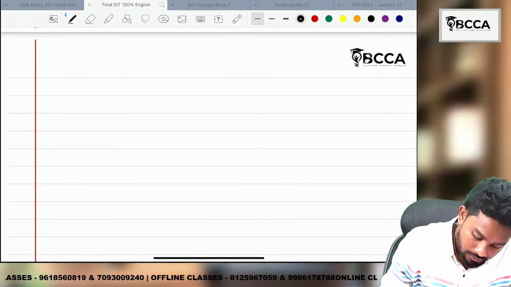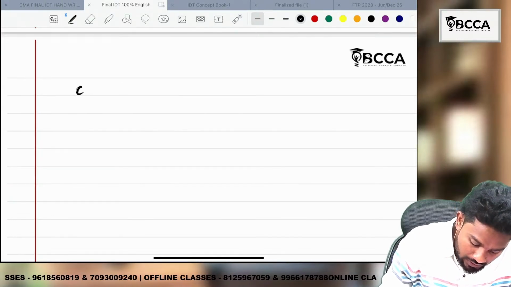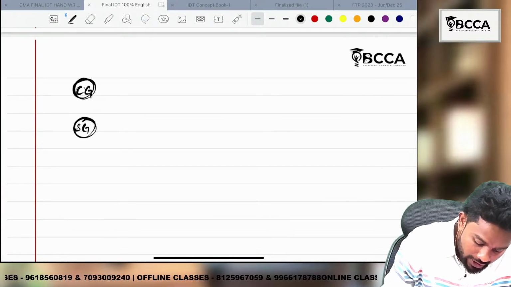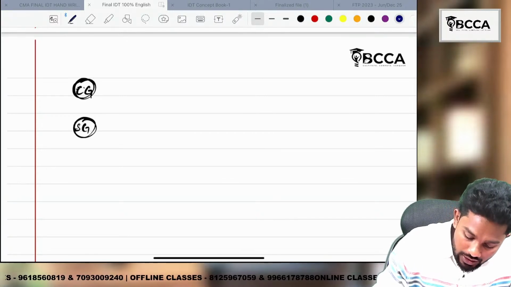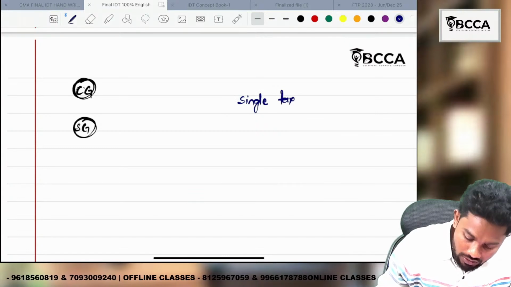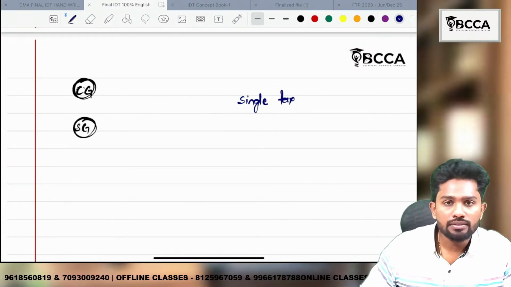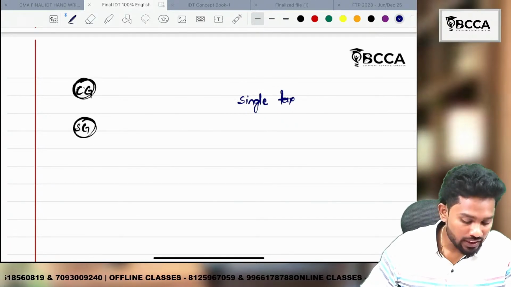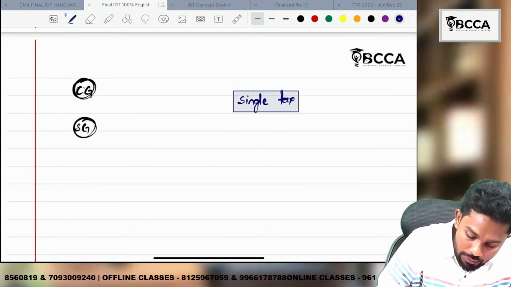Let's say, sir, we all know that out of indirect taxes, certain are levied by the central government, certain taxes are levied by the state government. But now what happens? A single tax, because all these previous taxes, like central sales tax, advertisement tax, luxury tax, lottery, octroi, entry tax, VAT, excise duty, entertainment tax, service tax, all have to be merged and a single tax has to be formed.